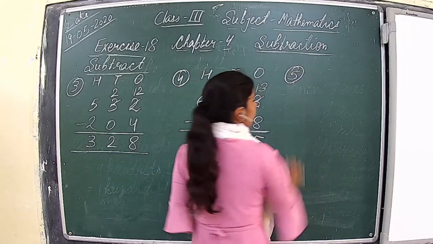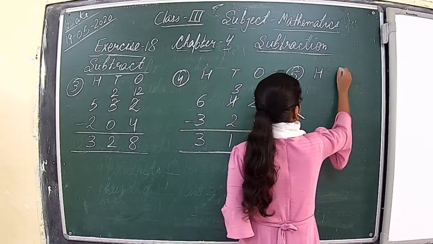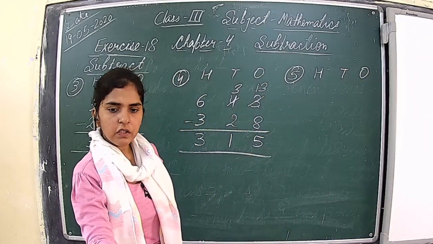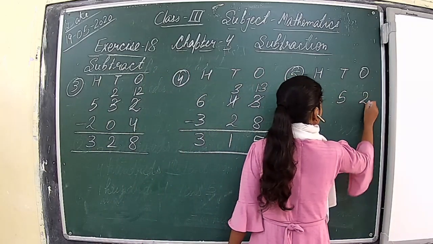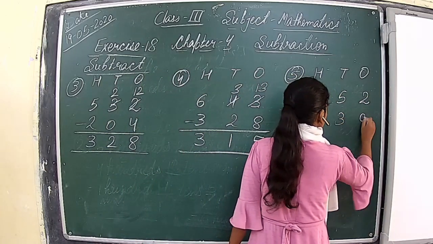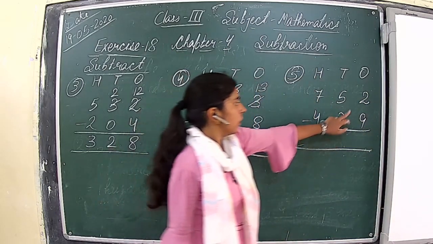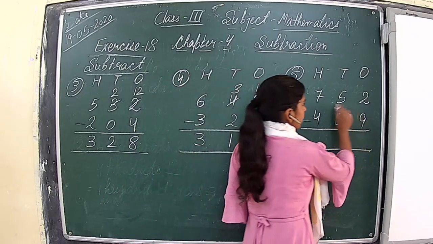Now question number 5 is 752 minus 439. So let's start. 2 minus 9, not possible. We cannot subtract, so we will take one borrow.